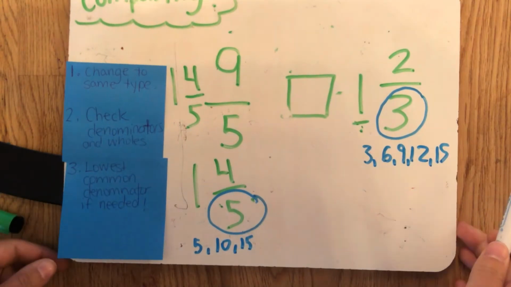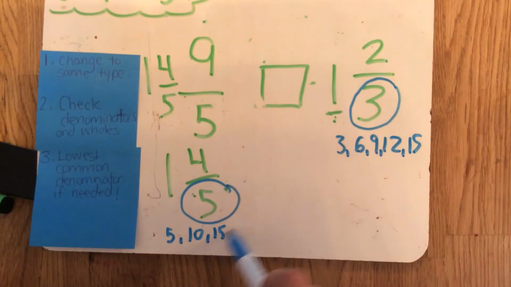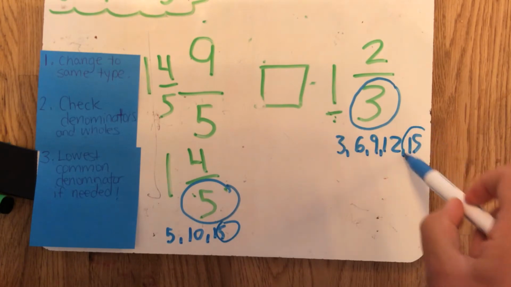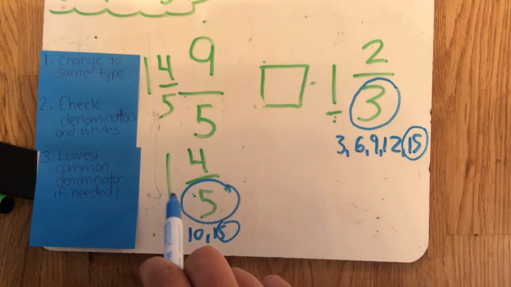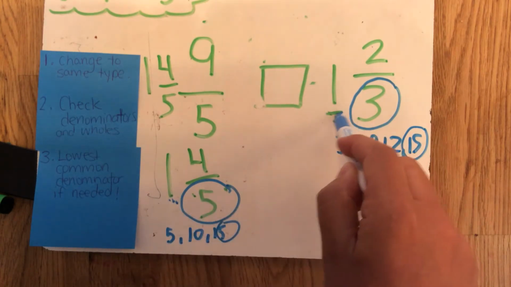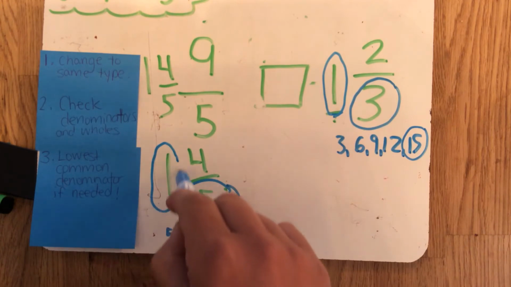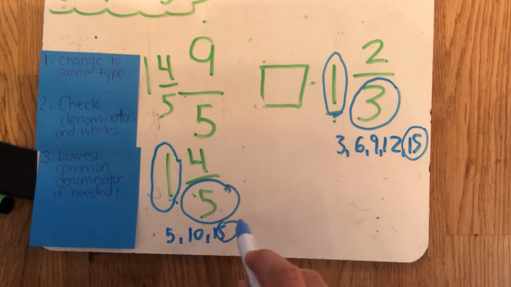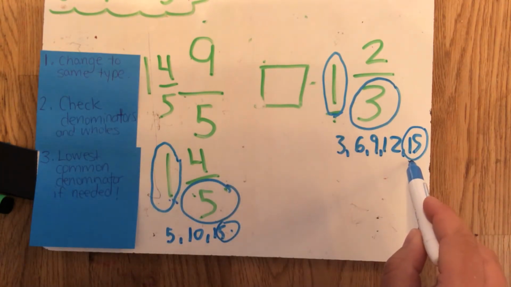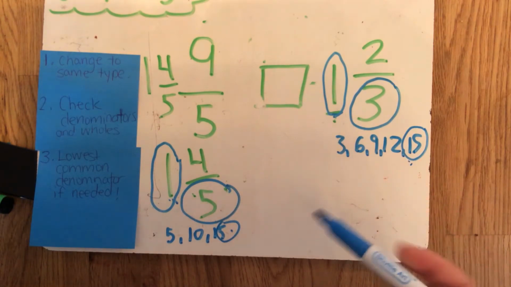Okay, we see our lowest common denominator will be 15. So now it's very important. You do not do anything to your whole numbers, okay? Whole numbers are in the same, it's just one whole. So you don't touch them. When you're multiplying to change to your lowest common denominator, you're only working with the fraction.